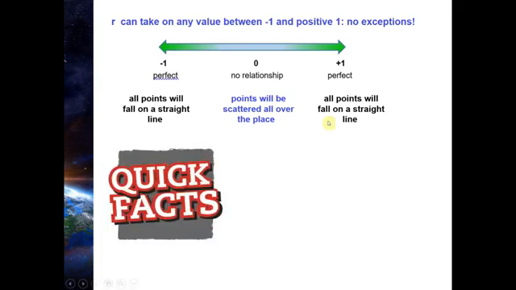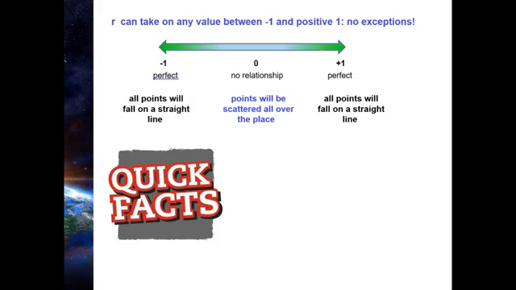Okay, now we have to explore a little bit about what's happening between 0 and -1 and between 0 and +1. Well, hopefully you've already guessed it, right? I think I've said it, in fact, a couple of times now. As our R value increases in size, so as it's approaching +1, what's happening to our relationship between X and Y?